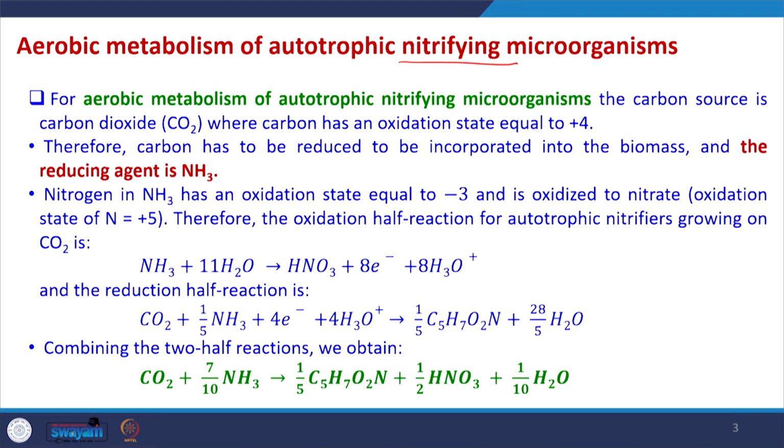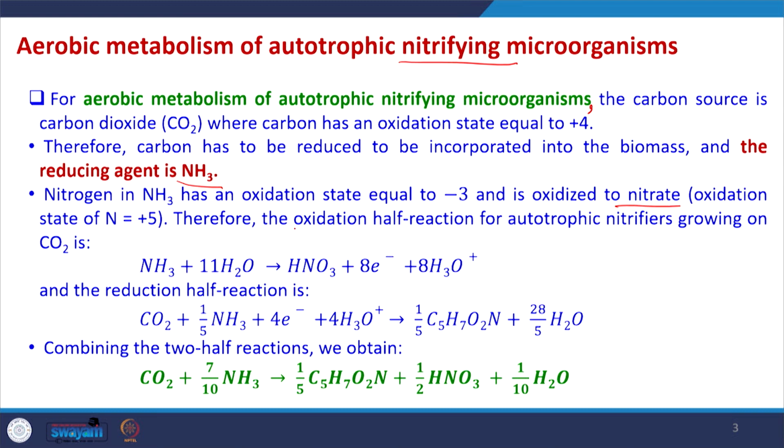The carbon source is carbon dioxide, where carbon has an oxidation state of +4. Therefore, this carbon has to be reduced to be incorporated into the biomass, and for this the reducing agent is NH3. Nitrogen in NH3 has an oxidation state of -3 and gets oxidized to nitrate, which has an oxidation state of +5.